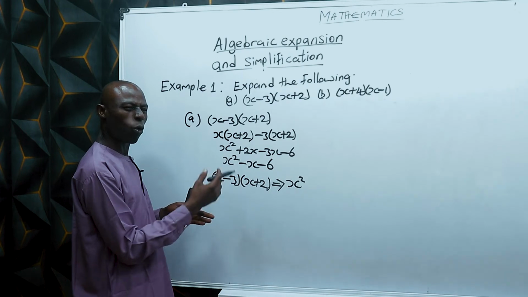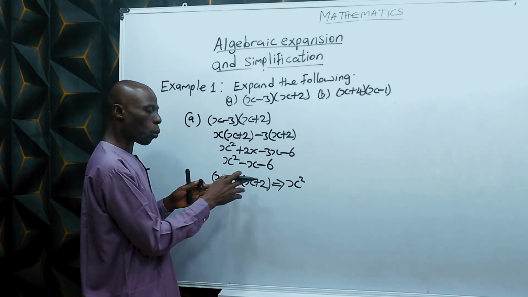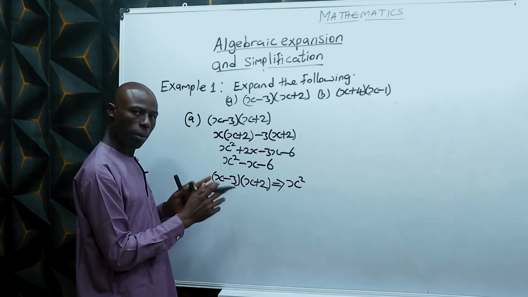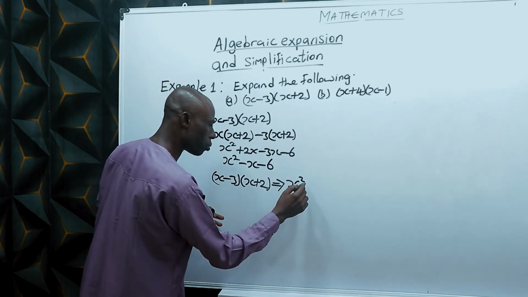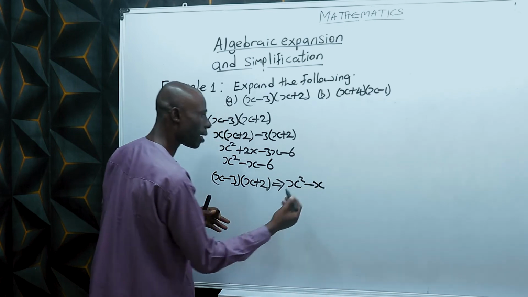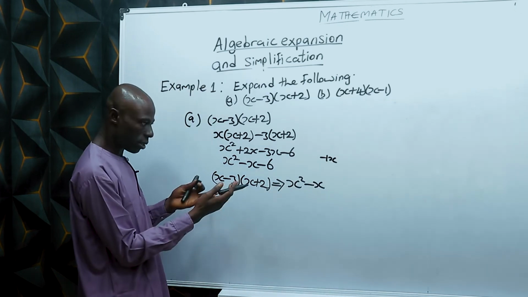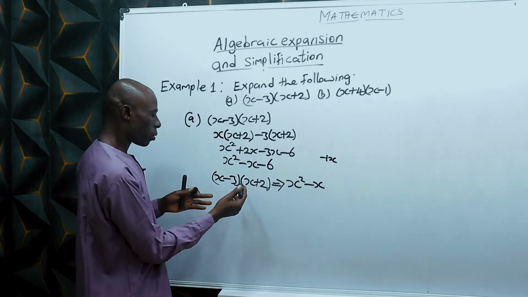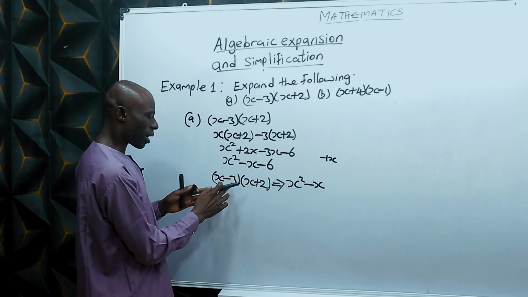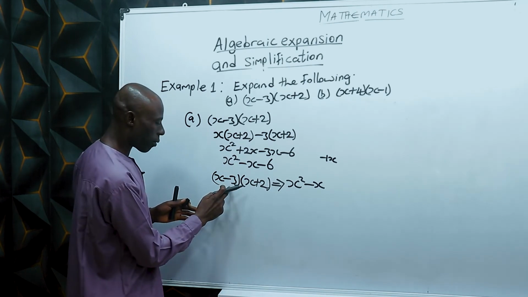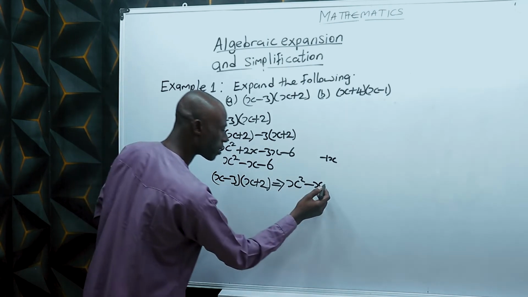Whatever you get will be the coefficient used with the variable. That is minus 3 plus 2. That gives minus 1. So you are now going to write minus x, instead of writing minus 1x. It's the same thing as minus x. Now, lastly, multiply the two constants together. Minus 3 times 2, that gives minus 6.